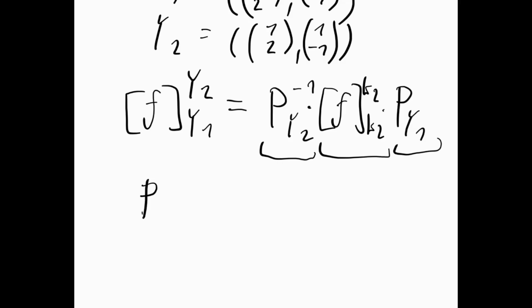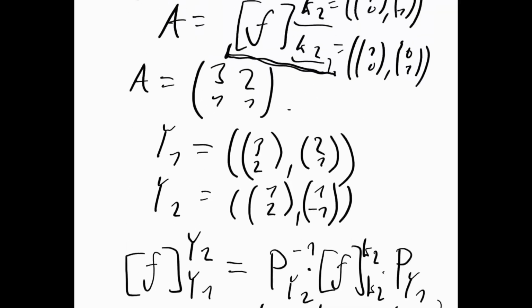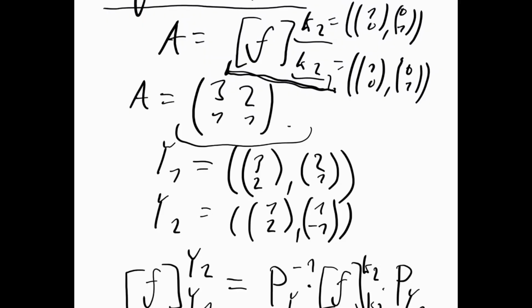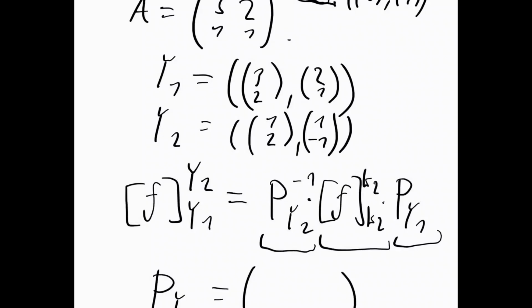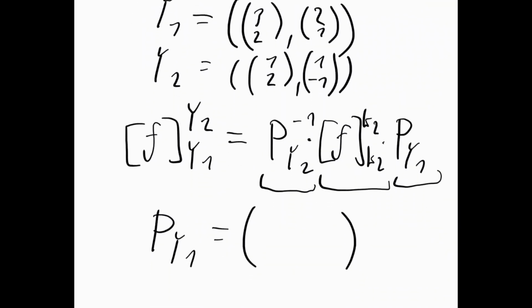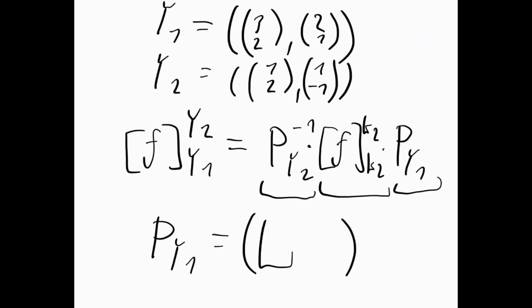If we have P sub Y1, what it really means is we should take a matrix. It will end up being a 2 by 2 one in this case, of course. We're only dealing with square things here. A 2 by 2 matrix, then 2 by 1 base vectors in both cases. And we create a matrix where in this column we put Y1 expressed using E1 and E2, which are the two elements of K2, so in terms of the canonical basis.